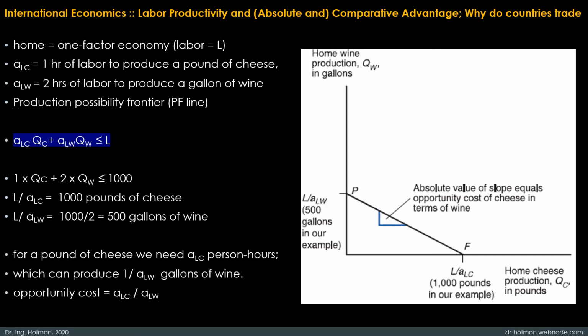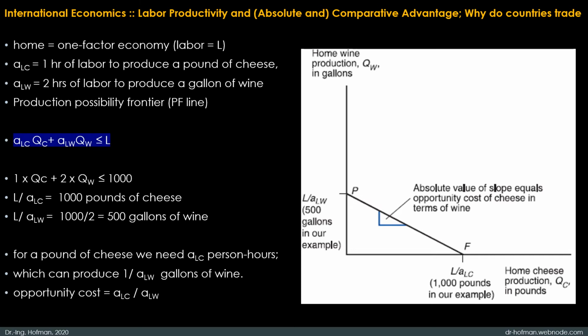These trade-offs are illustrated graphically by the production possibility frontier, line PF, which shows the maximum amount of wine that can be produced once the decision has been made to produce any given amount of cheese, or vice versa. When there is only one factor of production, the production possibility frontier of an economy is simply a straight line. We can derive this line as follows.